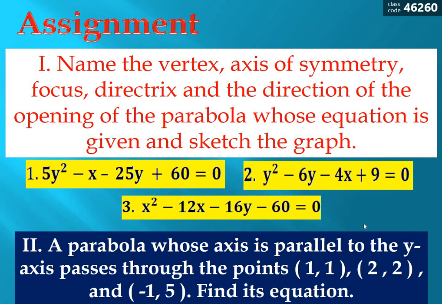You can do that. Just follow the pattern that I gave you. And for number 2, a word problem: a parabola whose axis is parallel to the y-axis passes through the points 1, 1, 2, 2, and negative 1, 5. Find its equation.